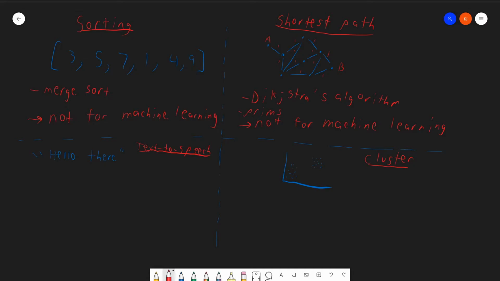However, in these two cases, we have complex problems such as text-to-speech and clustering. Looking at text-to-speech, that's pretty complex. You're taking these random-ish, or to a computer, random characters, and you're expecting a specific sound or audio to be played when those are passed in.